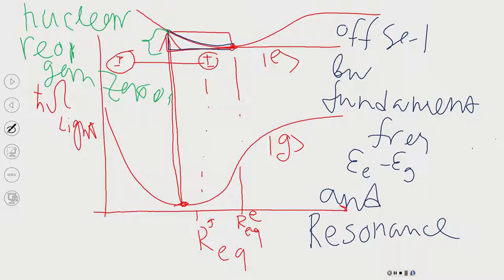So the mini task for today is how the parameters of these potential surfaces, curvatures and offset in position and in energy, determine the shape of the spectrum. Can we find some trends generally and then apply them to practical examples? Good.